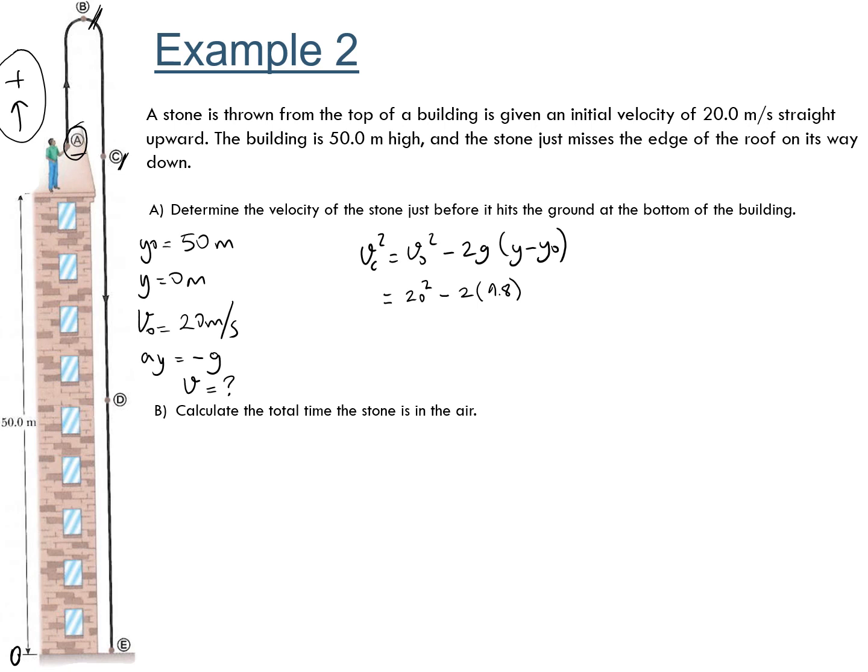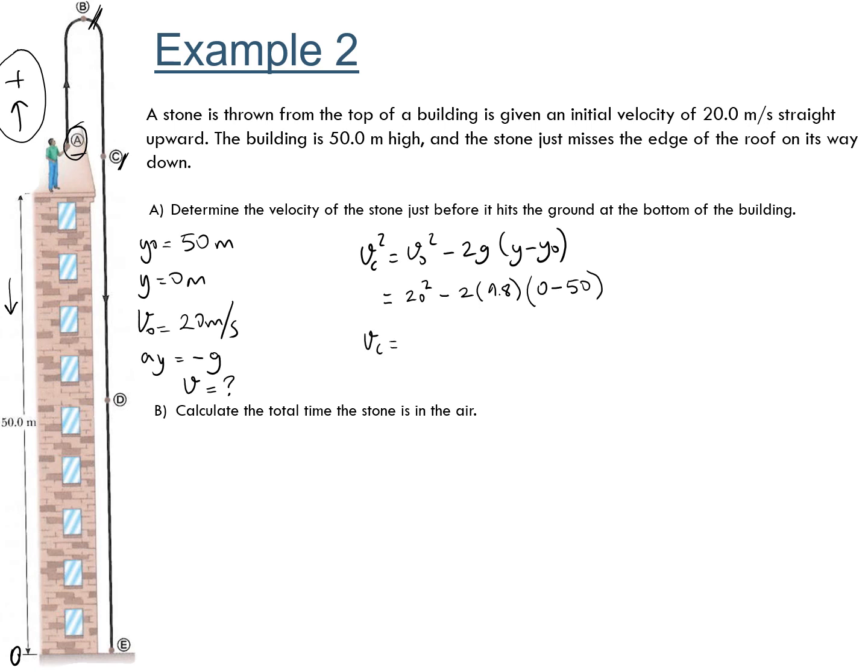But if your acceleration is pointing down, then your acceleration is equal to negative g. So that's the point here. All right, so let's go ahead and plug in everything else. So final y is 0 and original y is 50. All right, so let's solve for this then.